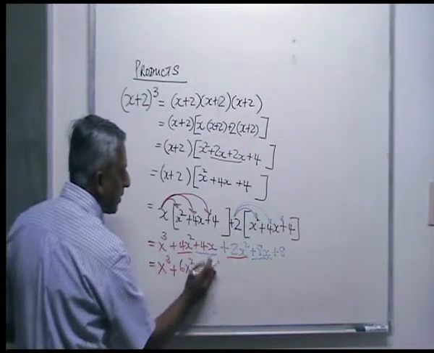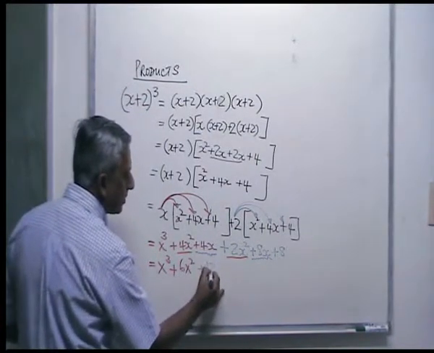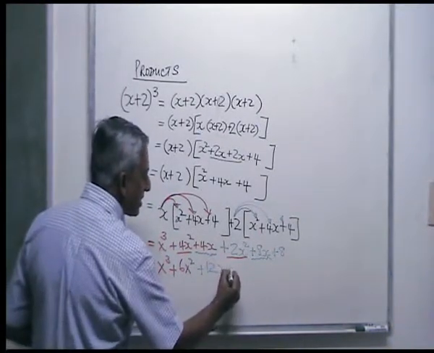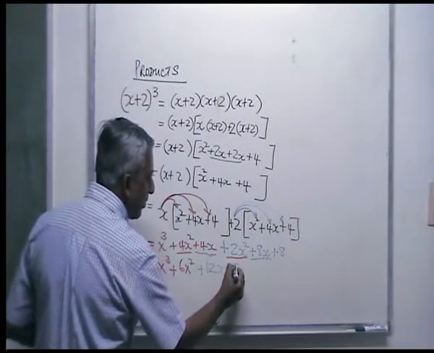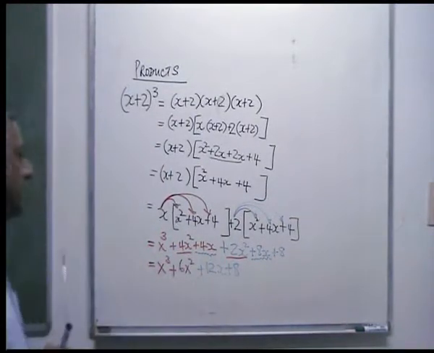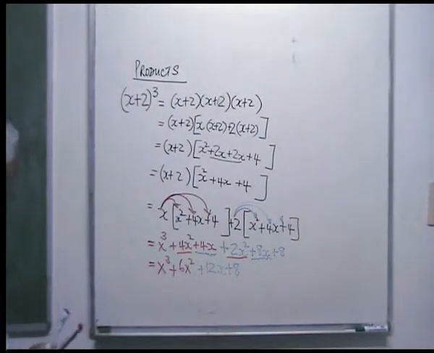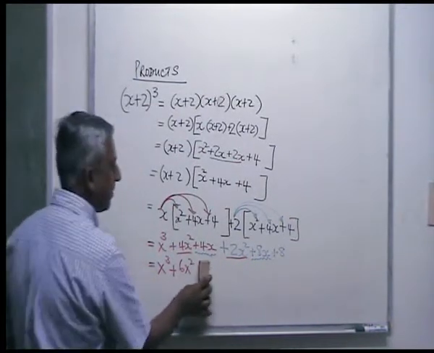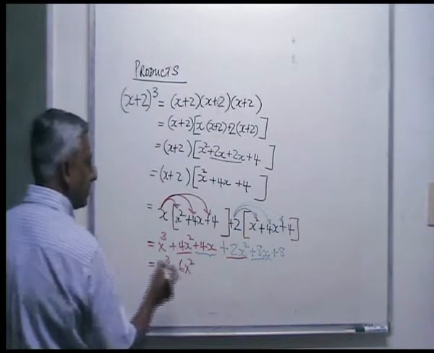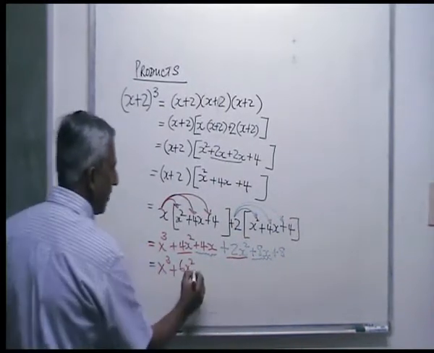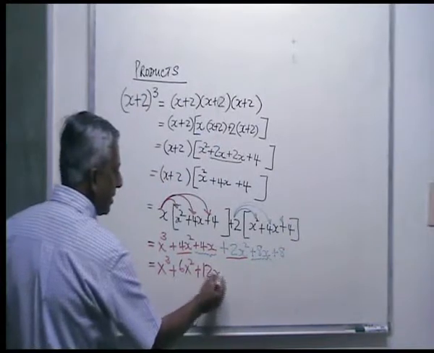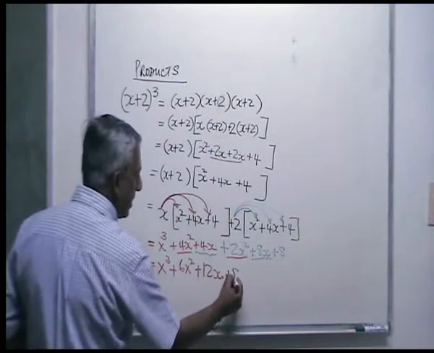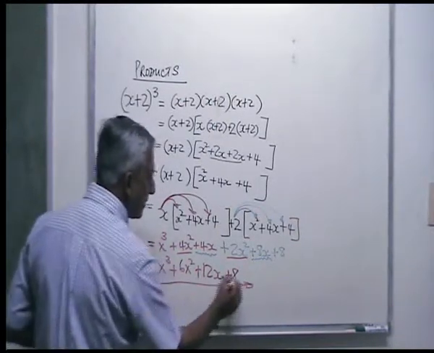So that's 12x. And finally you're left with only 8, so it's plus 8. I'm sorry about this, my pen is running out, but hopefully you can read that there. Alright, so let's just make that nice and neat. So that 4x plus the 8x gave us plus 12x, and all that was left was plus 8. So that's your final answer.